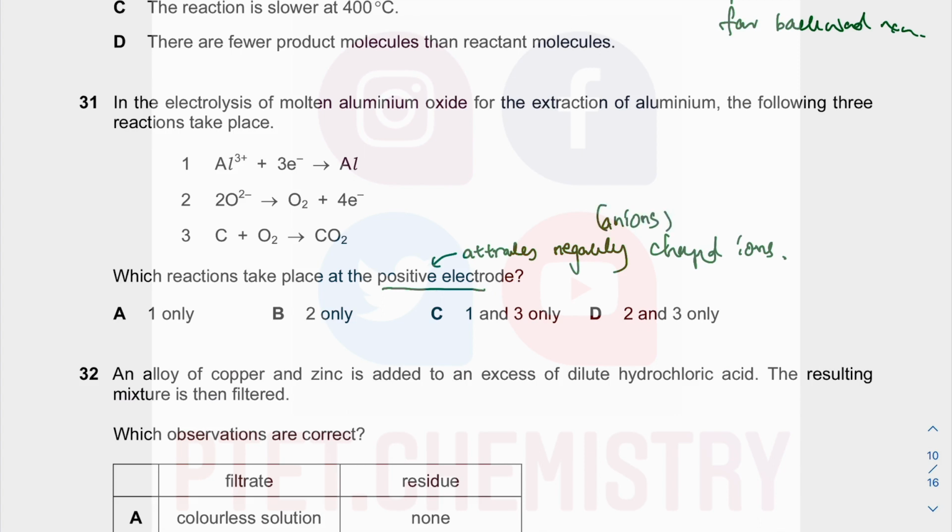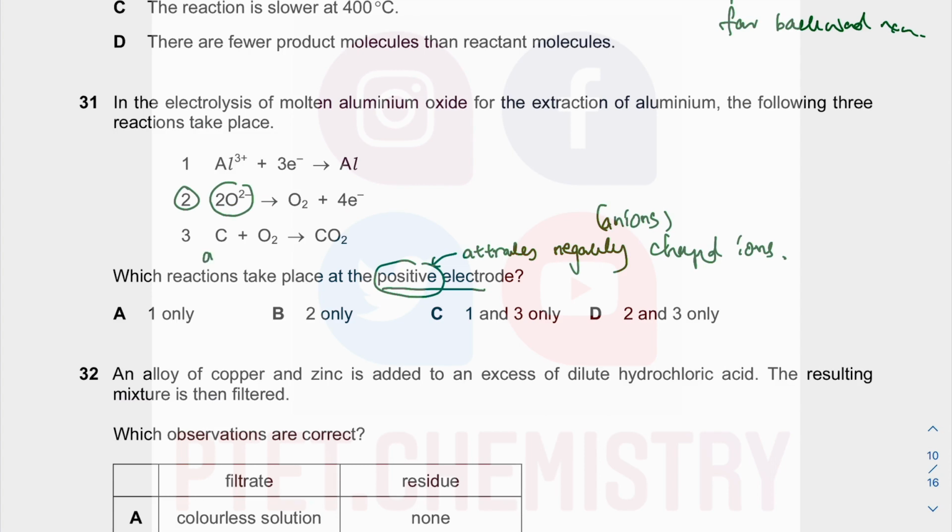So this goes to the anode. As long as you know it's a positive electrode, it attracts the anion. This is what happens at the anode. So this is the anode, the positive electrode, and this reaction happens there.